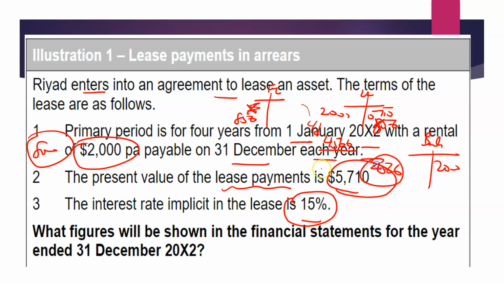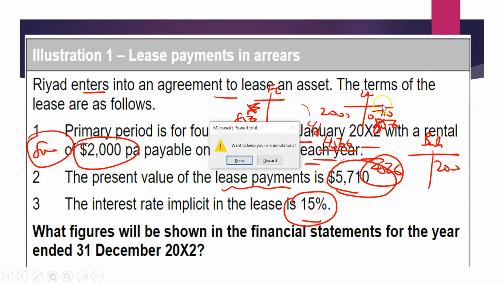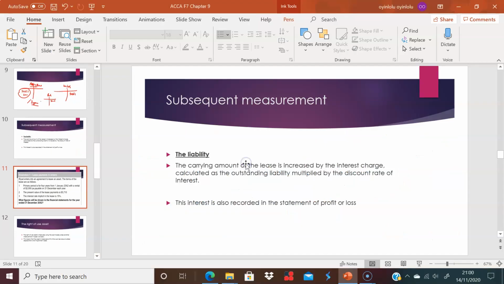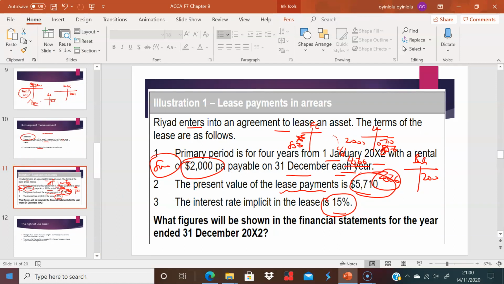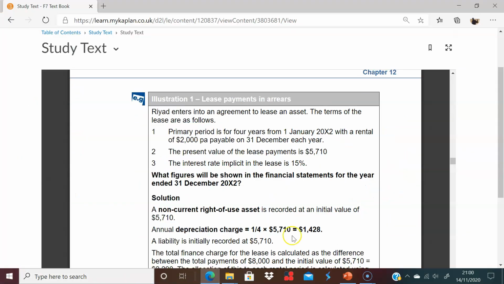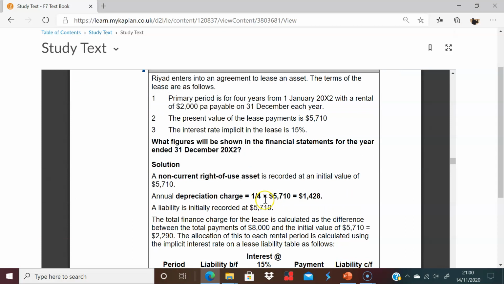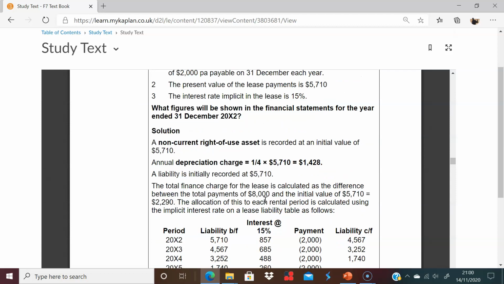You do the 15% of this, take off the 2 grand, and you keep going till you get to the end. So let's just look at what the tabular version looks like. Here we are. In terms of the depreciation, it's just the 4 years depreciating each year, straight line.